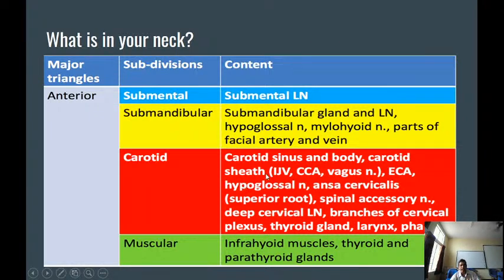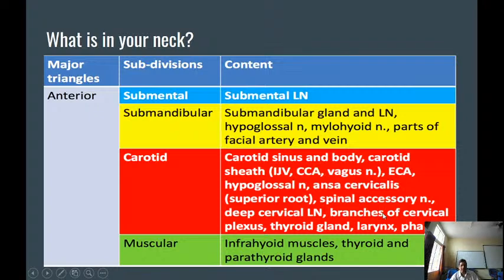And when you come to the carotid triangle, there is the carotid sinus and carotid sheath, which consists of internal jugular vein and common carotid artery, vagus nerve, then external carotid artery, the hypoglossal nerve, ansa cervicalis, the spinal accessory nerve, the deep cervical lymph nodes, the branches of the cervical plexus, the thyroid gland, larynx, pharynx.